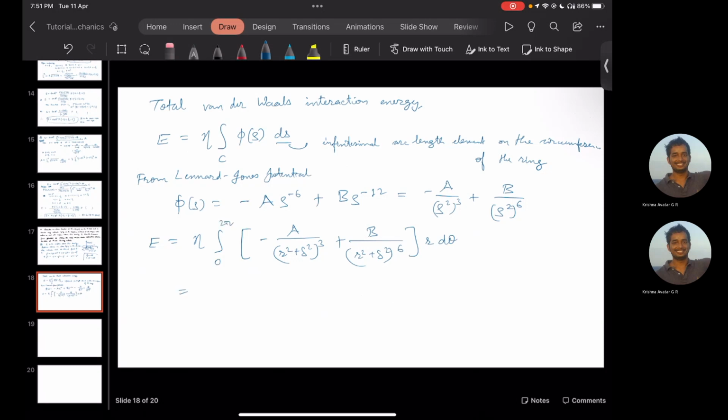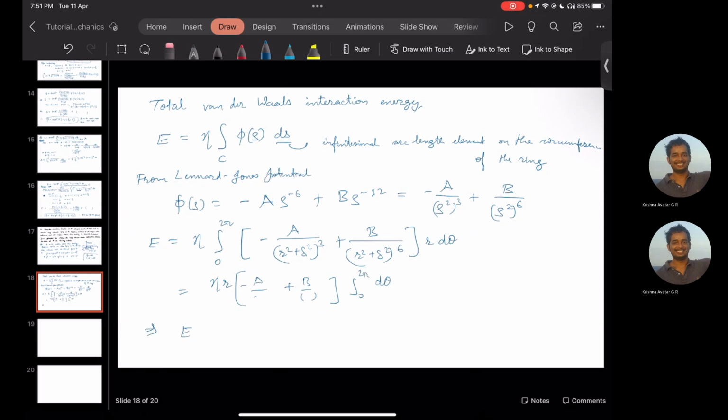Now what you see here is every term in this case happens to be a constant, right? A is constant, R is constant, delta is constant, and B is also constant. So what we can have is eta R and the entire term of minus A divided by something plus B divided by something into the integral from 0 to 2 pi d theta.